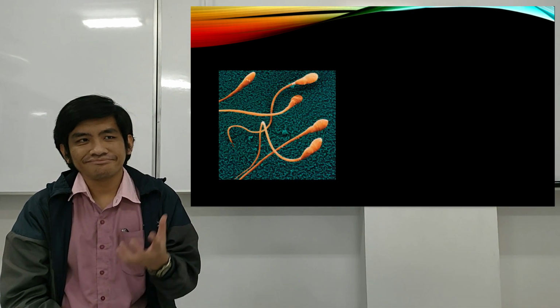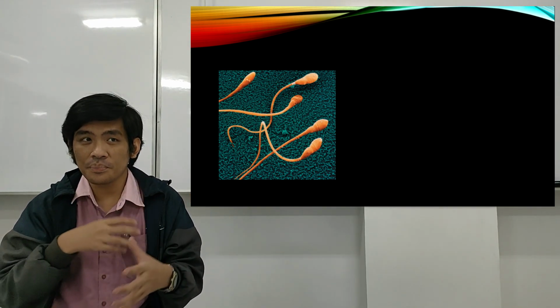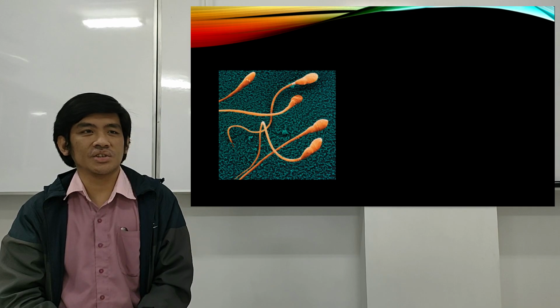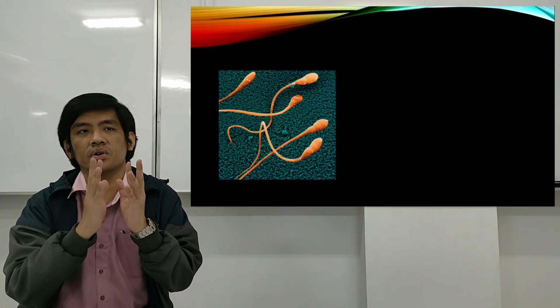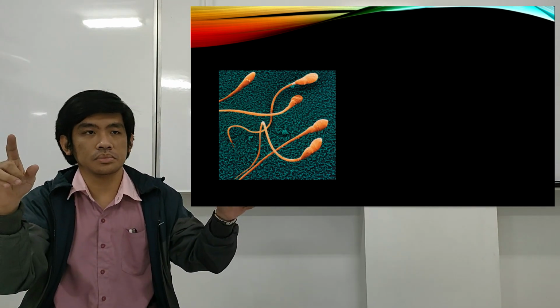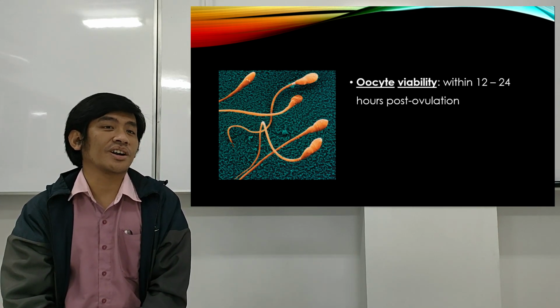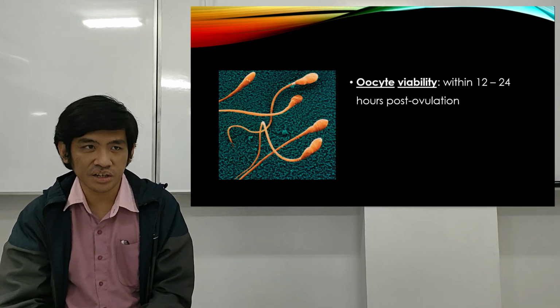Speaking about sperm, sperm are motile cells that can propel themselves by rolling their tails. In order for fertilization to occur, the sperm must reach the oocyte by swimming upwards through the vagina and uterus to reach the uterine tube. Note that the oocyte is viable only for 12 to 24 hours after ovulation.